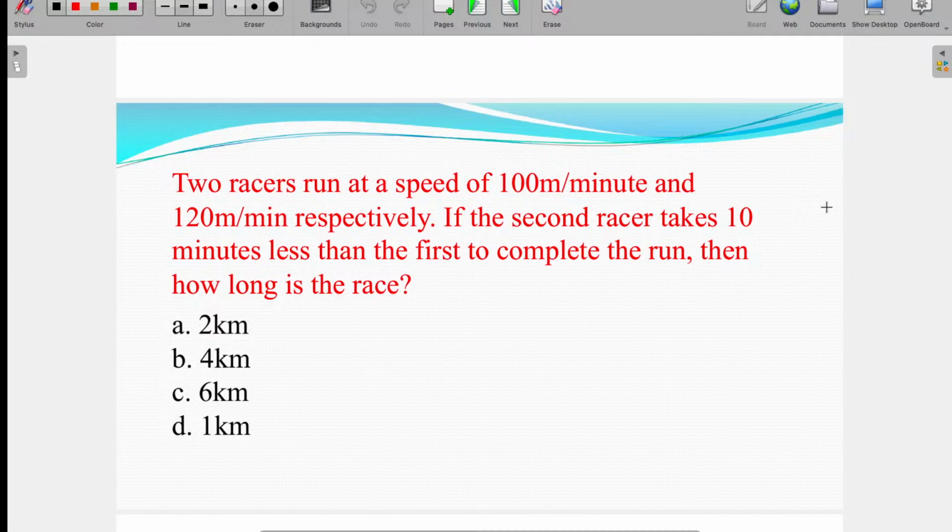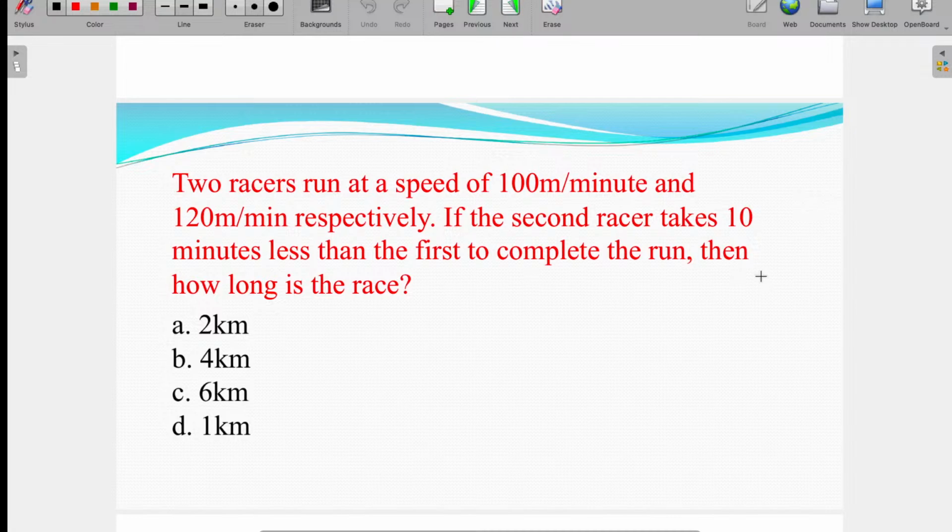If the second racer takes 10 minutes less than the first, same concept, whatever it may be. Anyone answer?